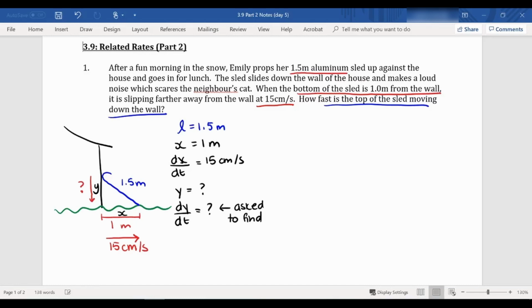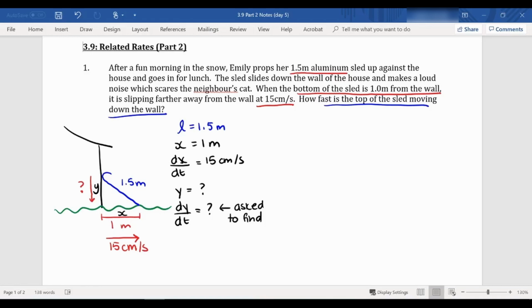We want to know how fast is the sled sliding down the wall. That would be a rate. That would be, because we called that side y, the change in y over time. How fast is this happening? Okay. So first, I know that I've got a triangle here, so I can use Pythagorean theorem to find y.